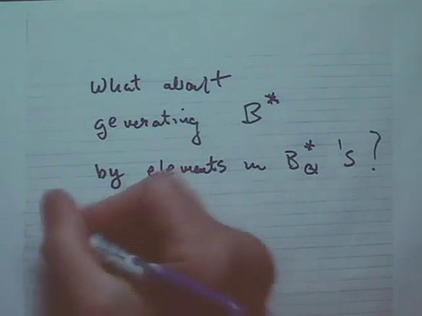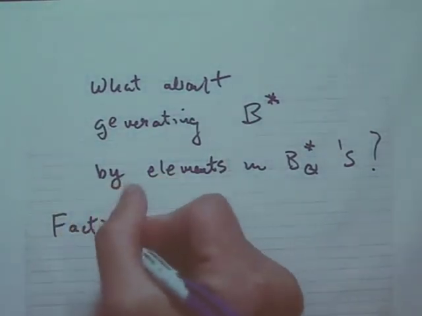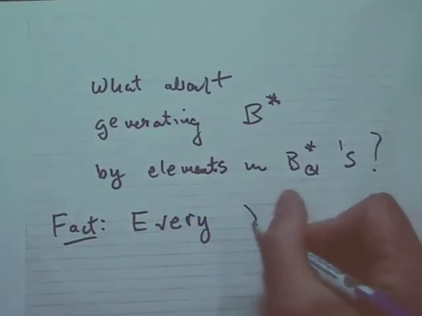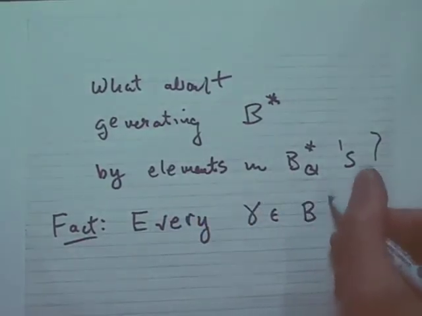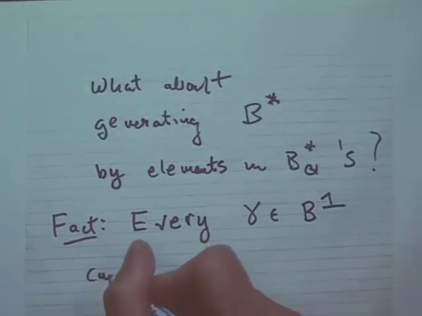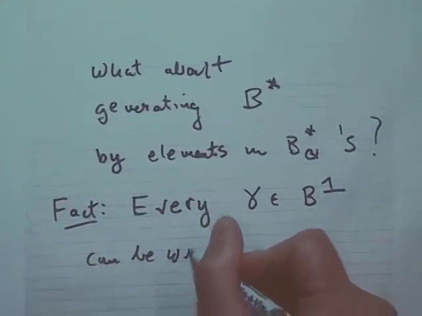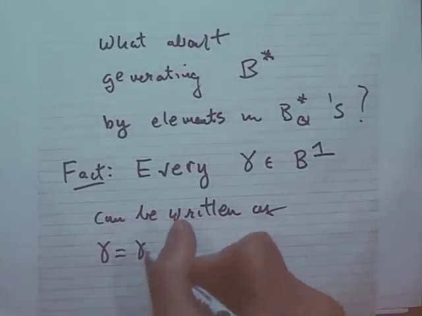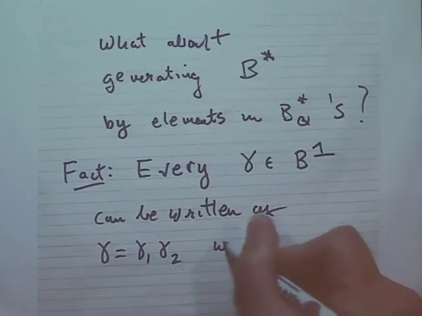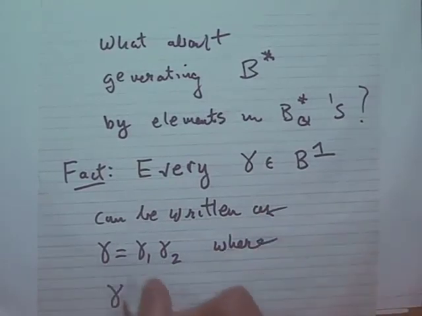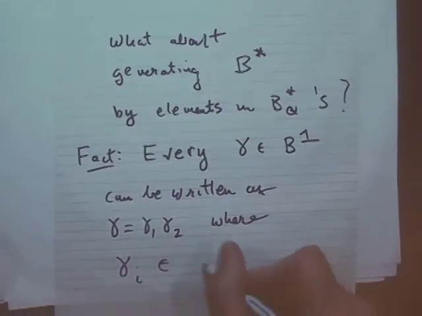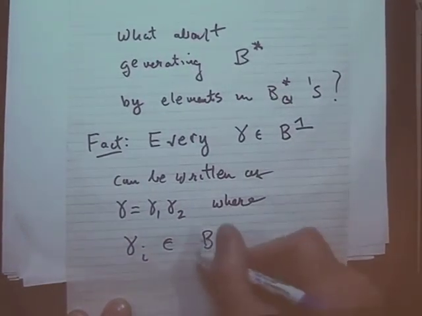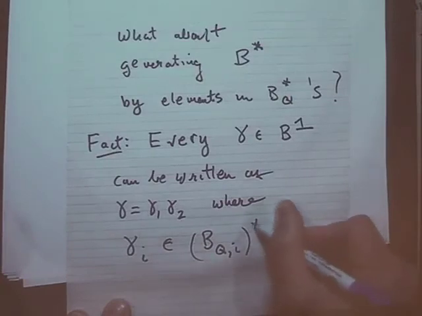But there is this fact that every element gamma, which is a unit of reduced norm 1 in the big algebra, can be written as a product where each of these factors lives in a subalgebra that's a quaternion division algebra over Q, but all we know is that they're actually just invertible.